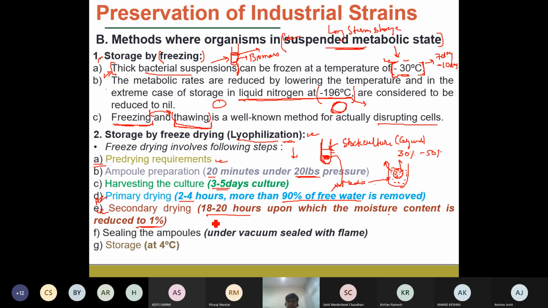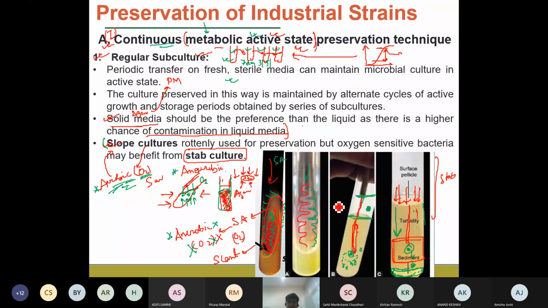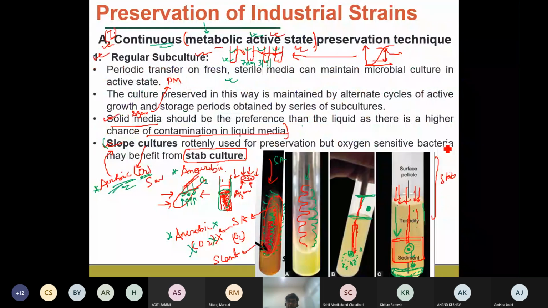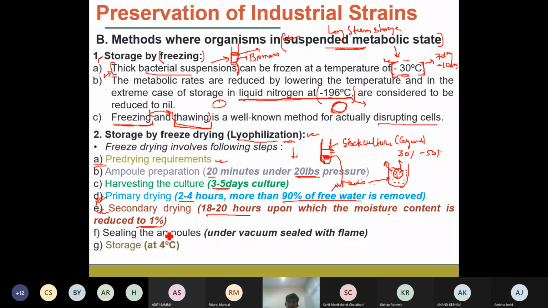Once you have these two steps of primary drying and secondary drying, we generally do this drying in ampules. Once you get the dried culture at the bottom of the tube, we seal these ampules under vacuum with a flame.